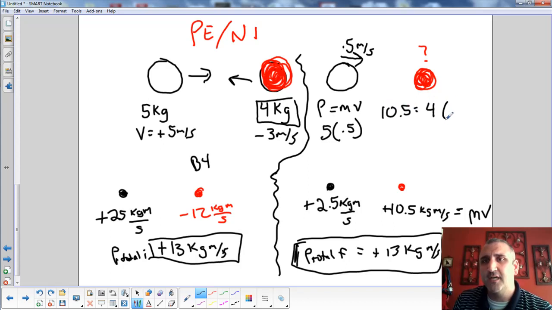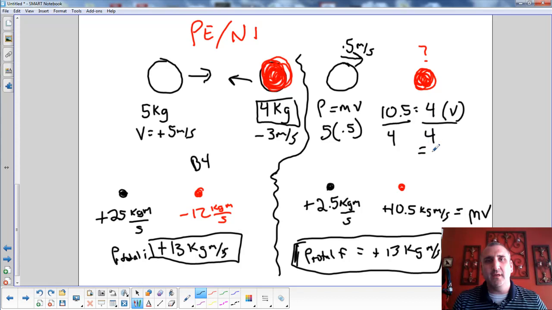And to solve for the velocity, we divide both sides by 4. And our velocity will be, interestingly enough, a positive number. 10.5 divided by 4 should give us 2.625 meters per second. I hope that makes sense for the logic.